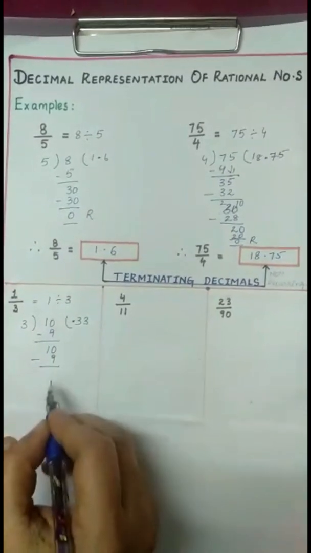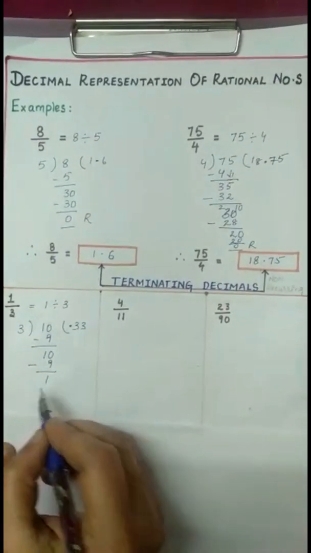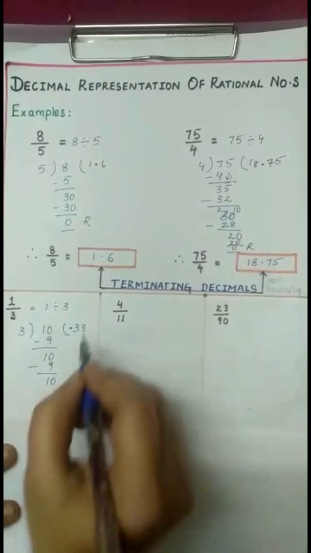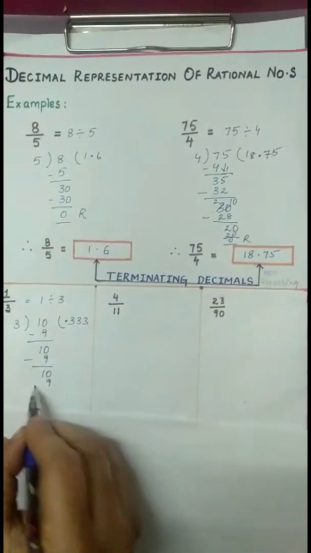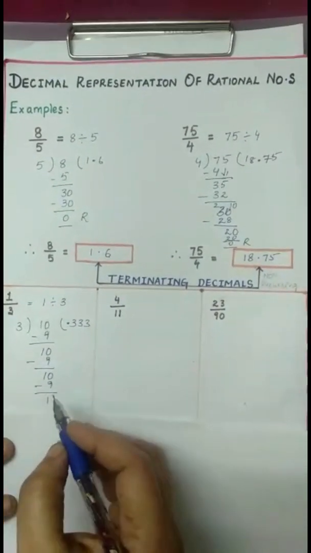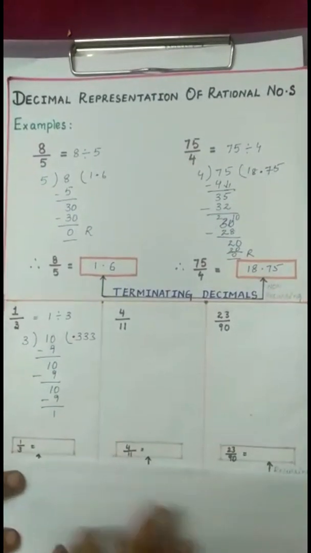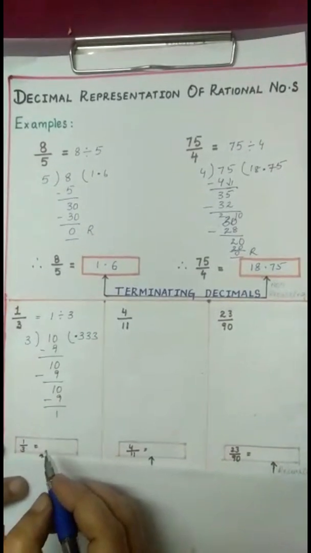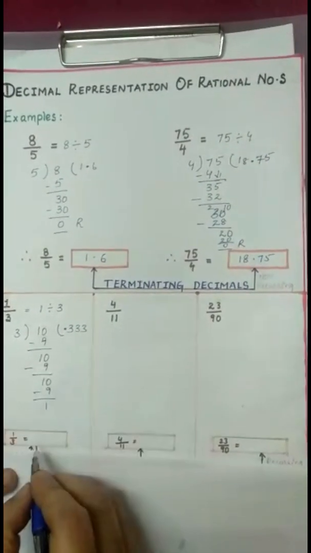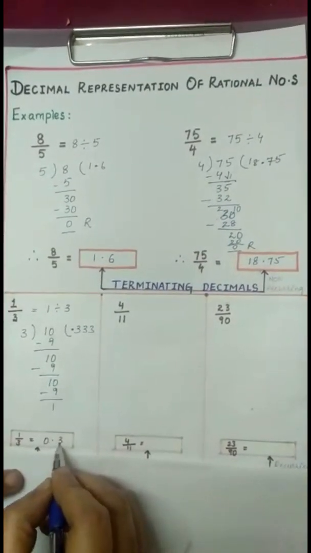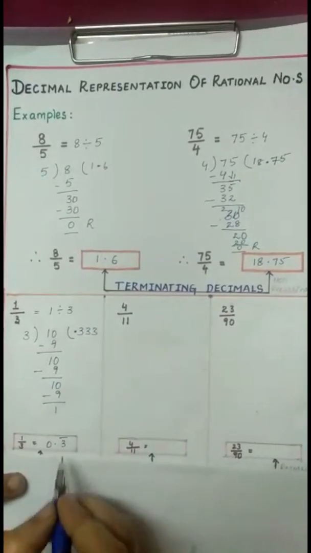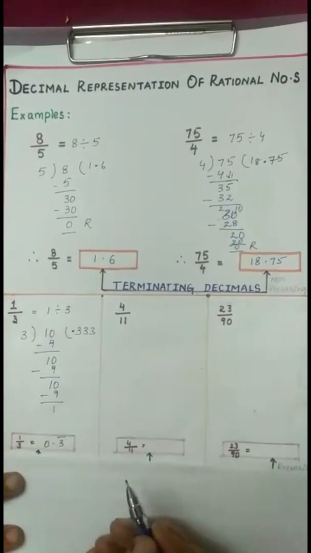Again subtract, 10 minus 9 is 1. Again place the 0. 3 threes are 9. 1. Now here this division keeps repeating. In the quotient, after the decimal, 3 is repeating. So it can be written as 0.3 with a bar over 3. This bar represents that 3 occurs repeatedly.